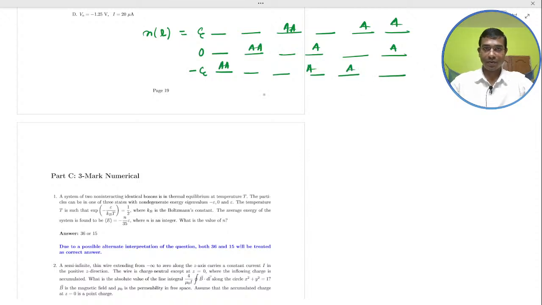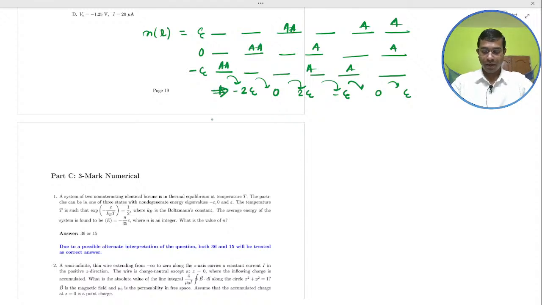So therefore minus twice epsilon, 0, twice epsilon, minus epsilon, 0 and epsilon. Six are possible.